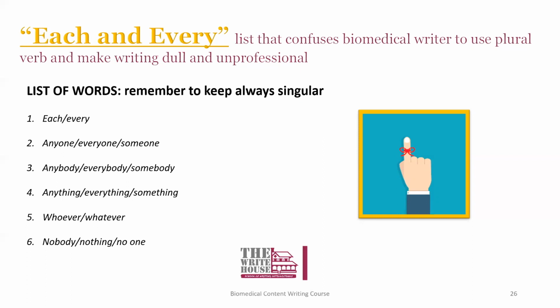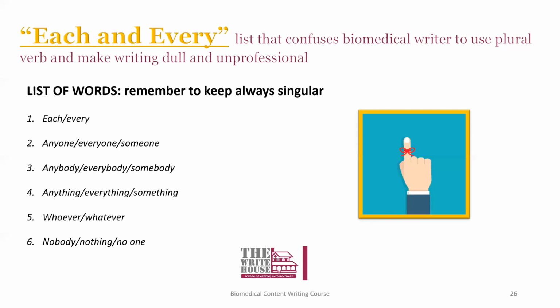These are the list of words you have to remember to keep always singular. Whenever you are using each, every, anyone, everyone, someone, anybody, everybody, somebody, anything, everything, something, whoever, whatever, nobody, nothing, no one, all these words will always take a singular verb. Always remember this particular rule because you will never get confused. Each one is, anything has, never anybody have.